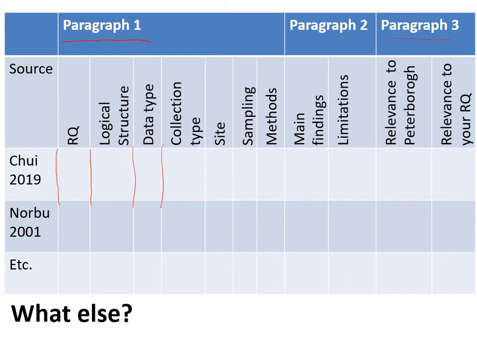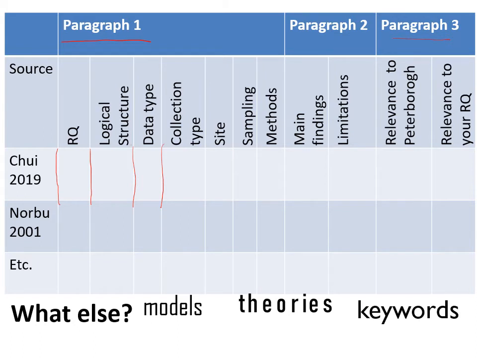So in addition to developing a table with these categories across the top, you might also add, if it makes sense, something about models. If a lot of your sources talked about particular models or theories, possibly keywords that could be potentially useful to help you pull together your themes, but I would focus more on models and theories more so than keywords.